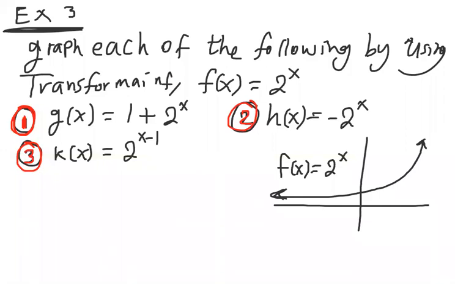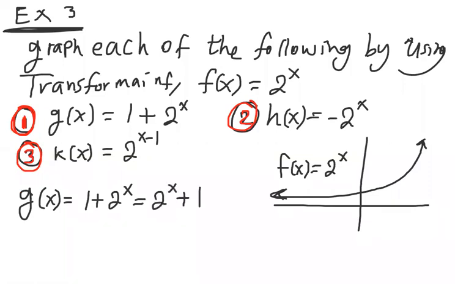So by using f of x, I know how to graph g of x. g of x is a transformation of the function f of x. Here, the function g of x is equal to 1 plus 2 to the x, that means it is equal to f of x plus 1, right?